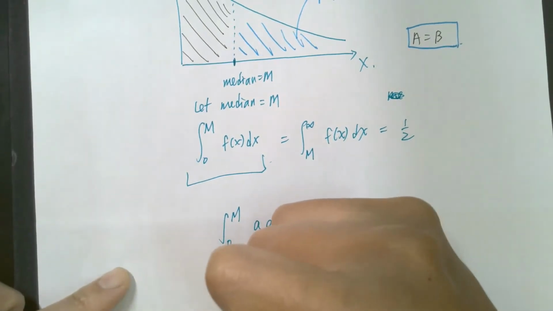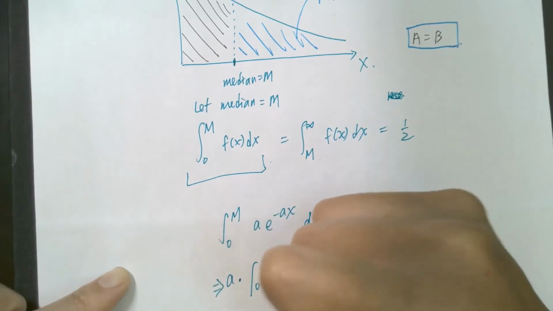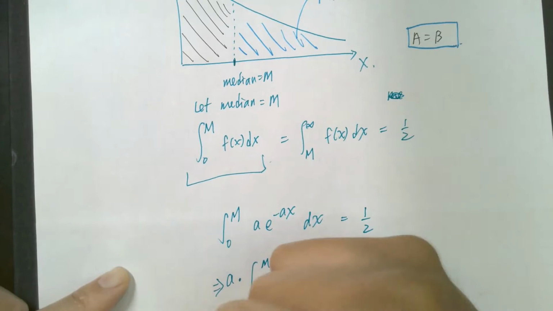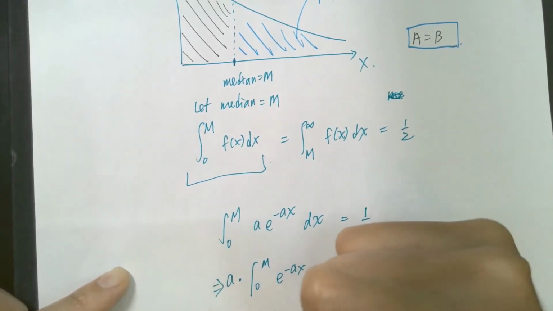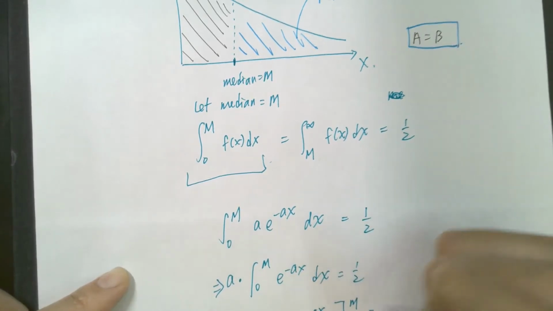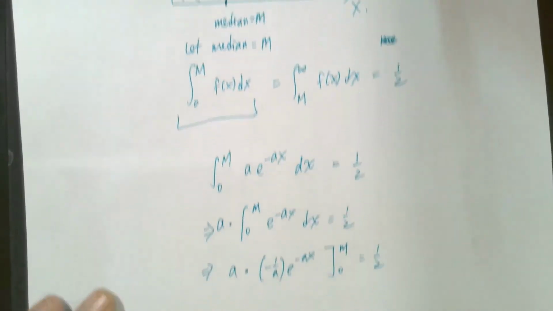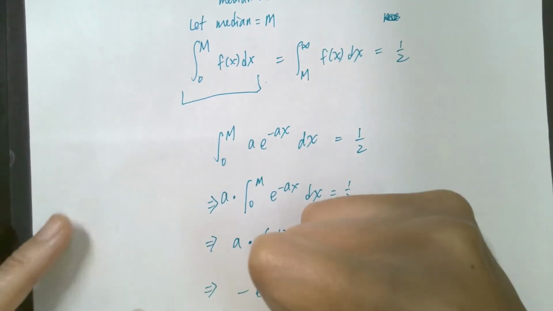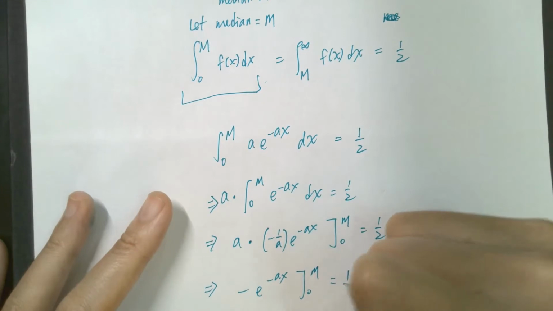Basically it's a times the integral from 0 to m of e to the negative ax dx should be 1/2, which is to say a times, and then you do the reciprocal, e to the negative ax from 0 to m is 1/2. Okay, right, which is to say negative e to the negative ax from 0 to m should be 1/2.